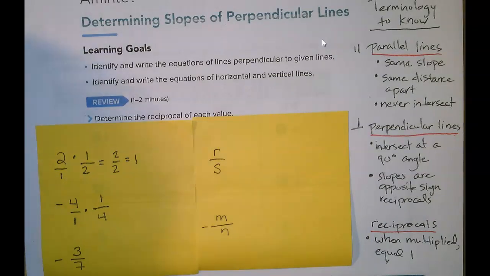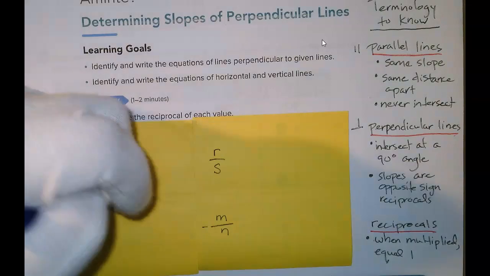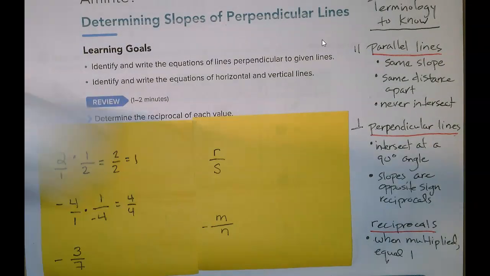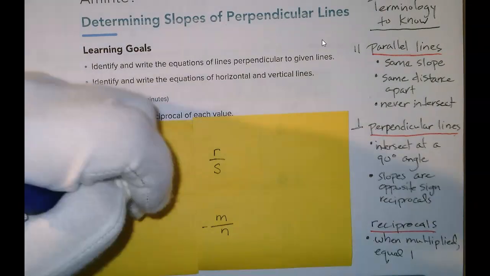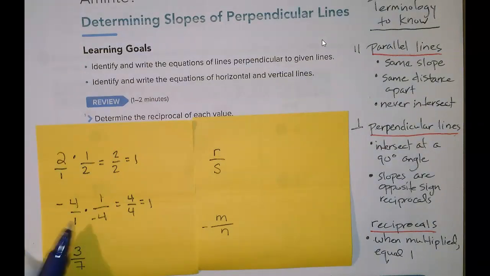And then we need one of these numbers to be negative. So I'm going to put the 4 as negative. So if you multiply these together, a negative times a negative is a positive, and 4 over 4 equals 1. So negative 4 and negative 1/4 are reciprocals.